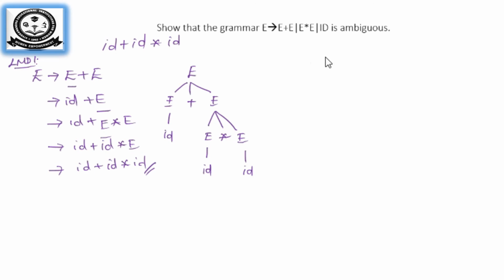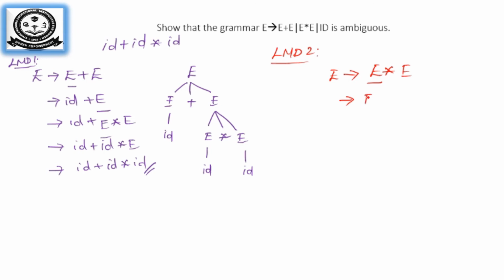Now for the same string, can we derive in another format in the same LMD case? I will do it in the same LMD case. Here I am not going to take E plus E, I am going to take E star E. We'll see whether it is able to draw. I'll start again, it's a left derivation, so from the left side the first non-terminal is taken.